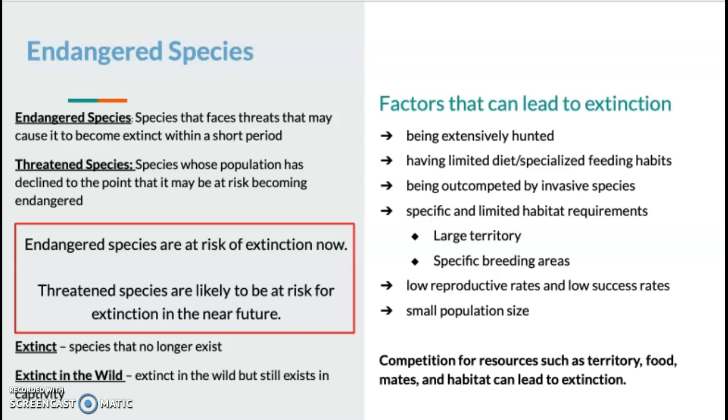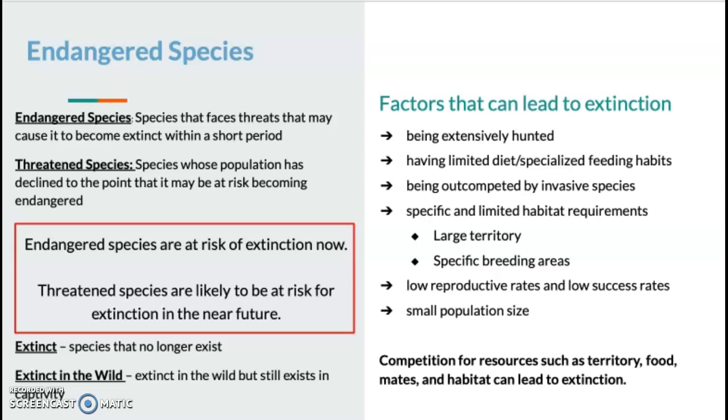Being outcompeted by invasive species, specific and limited habitat requirements. So if a species needs a large territory, or if it needs specific breeding areas, if these are not available for that species, for whatever reason it could be, either human or natural, they could go extinct. Low reproductive rates and low success rates of reproduction.